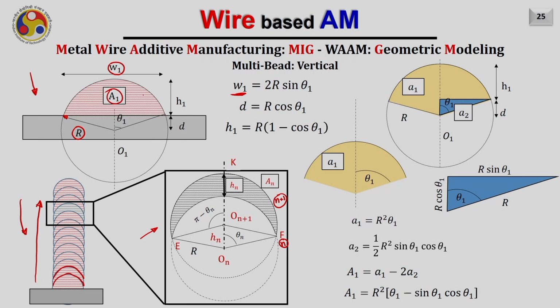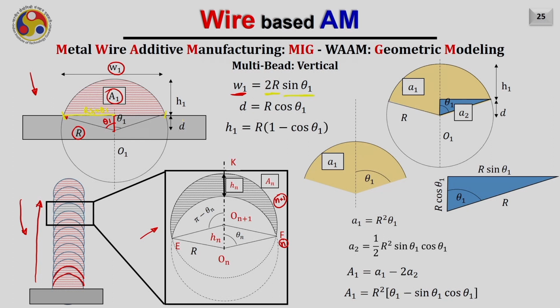Its two components are R cos theta 1, this distance from here to here, while the distance from here to here is R sin theta 1. So W1 will be equal to 2R sin theta 1.